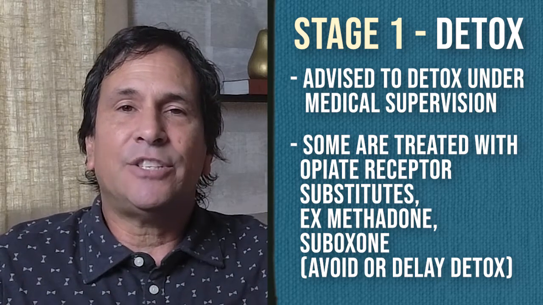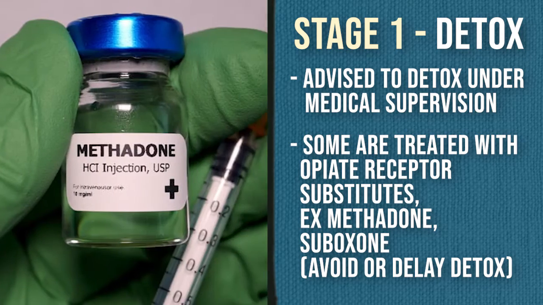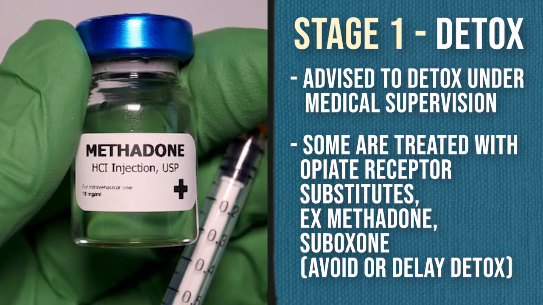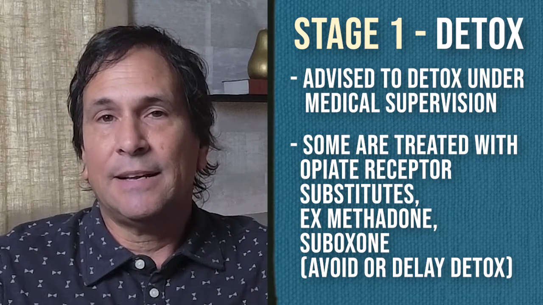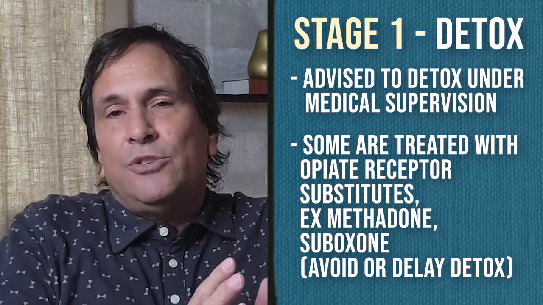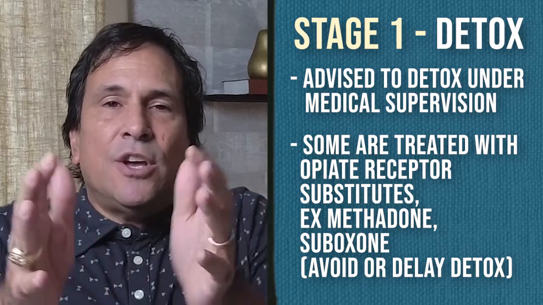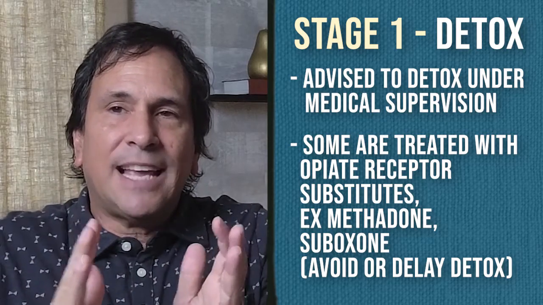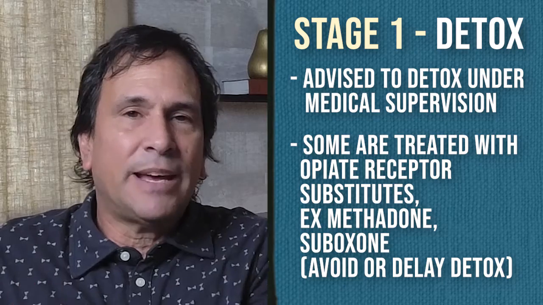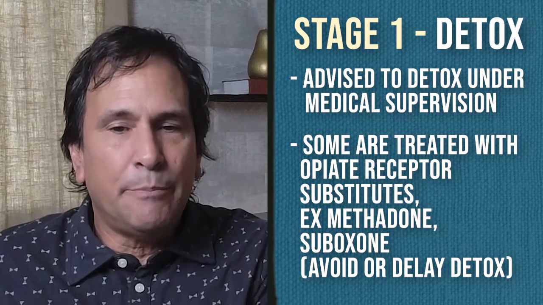And those medications are things like methadone, Suboxone. There's some others out on the market today. But those are medications that you quit using opiates, you transition to that, you don't have to go through withdrawal symptoms, and you maintain taking those medications on a daily basis.